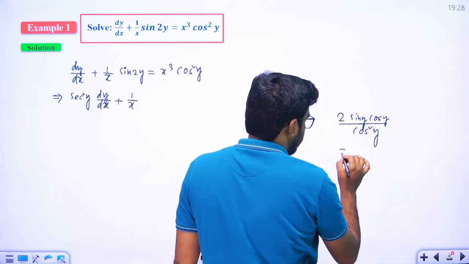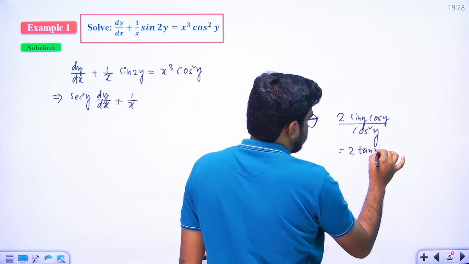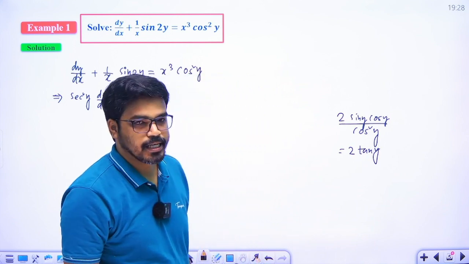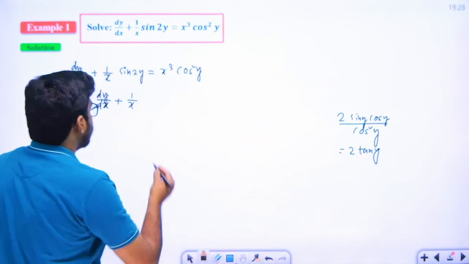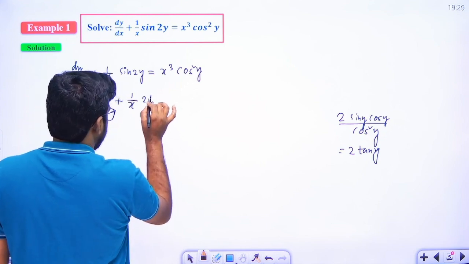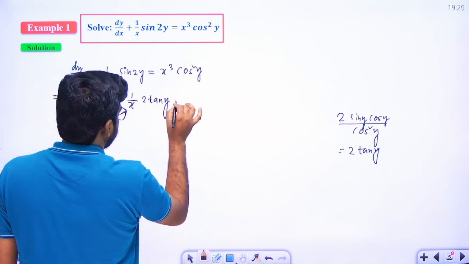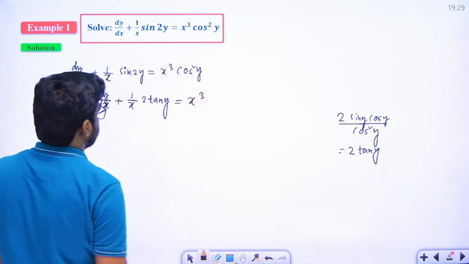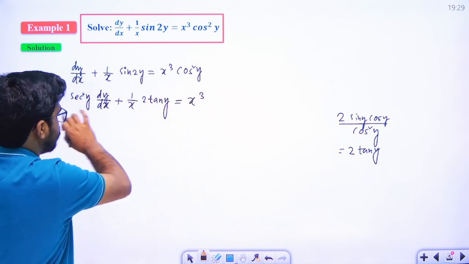So ultimately what we get is 2 tan y, is equal to x cube. So dividing both sides by cos square y, we get this.